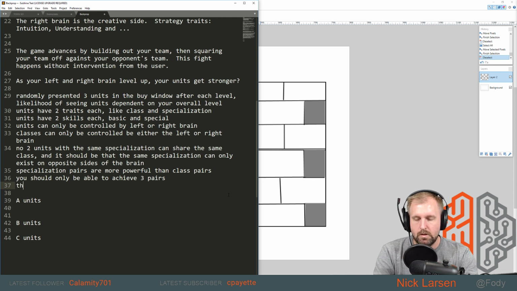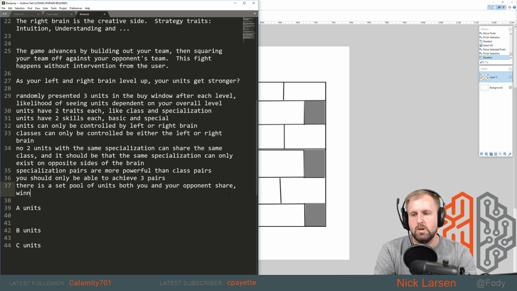There is a set pool of units both you and your opponent share. Winner gets to choose first. No, loser chooses first.